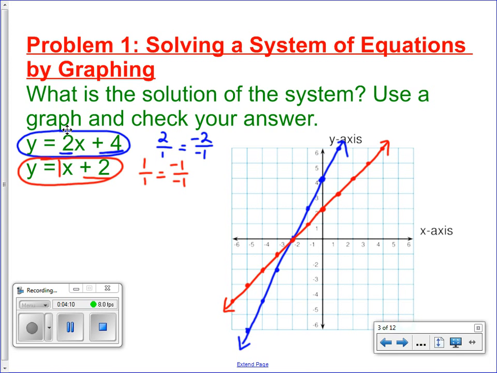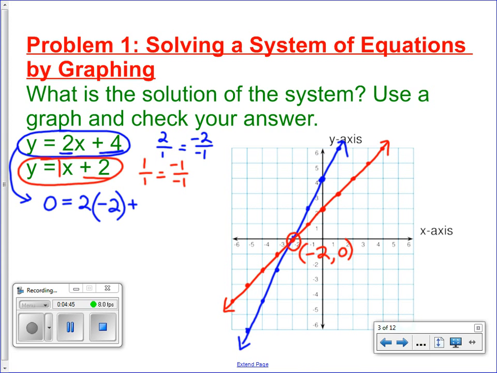All right, so it appears that our point of intersection is right at negative 2, 0. All right, so let's use that point and check it in each of the equations algebraically. All right, so taking my first equation again, y equals 2x plus 4, I'm going to put the 0 in for the y, and for the x, I'm going to put in negative 2.